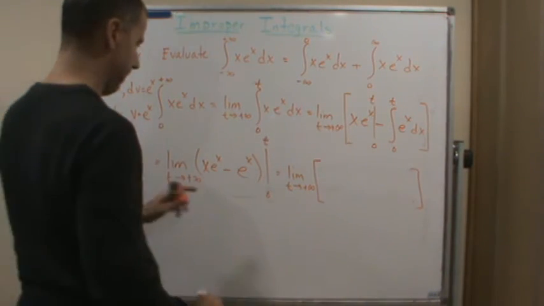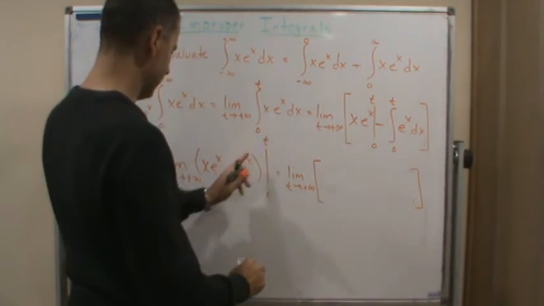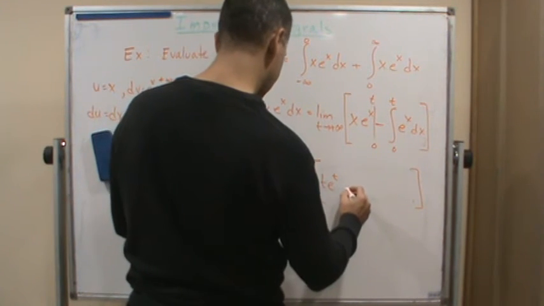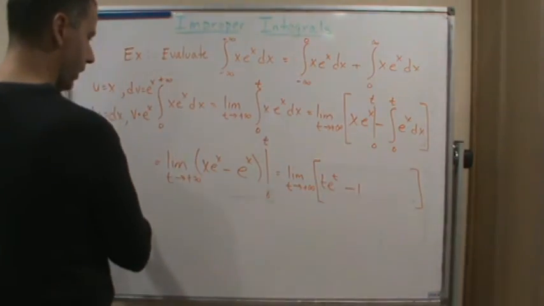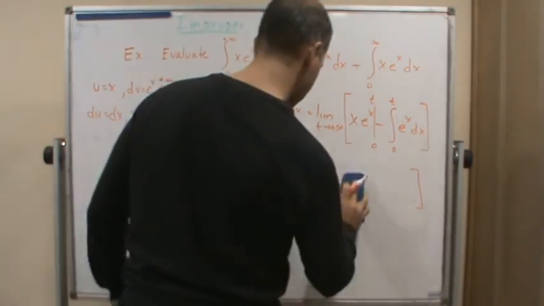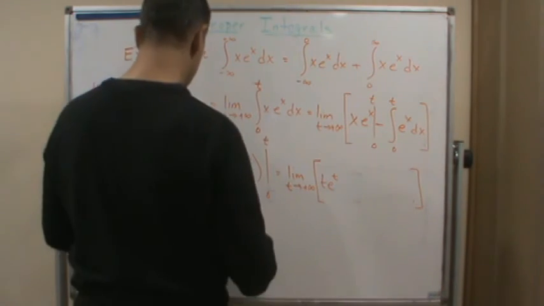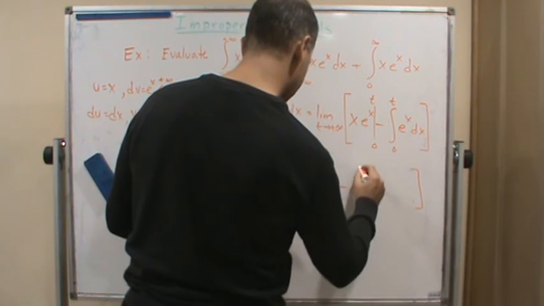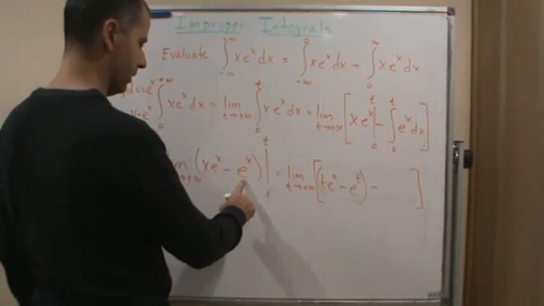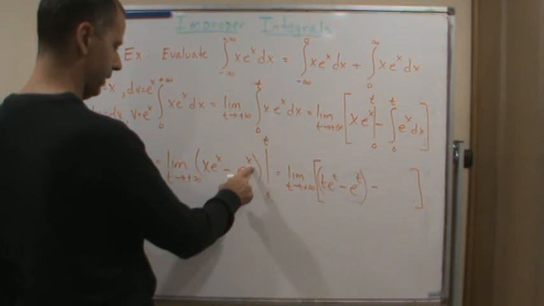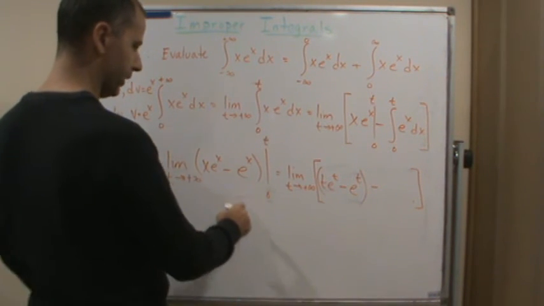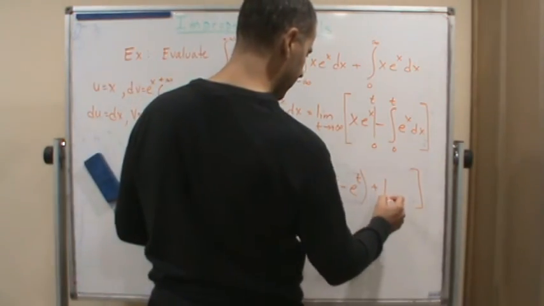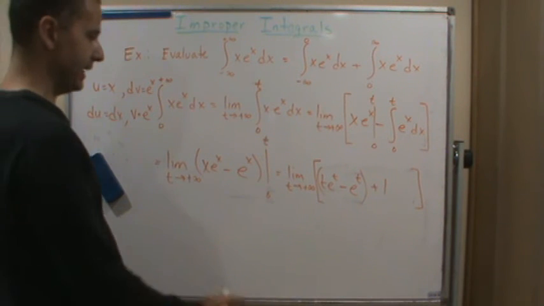Now, here it's going to be t e to the t minus e to the t, minus, this is 0, well, this is 1, so I'm going to get minus a negative 1. So it becomes a plus 1. But here's the thing.